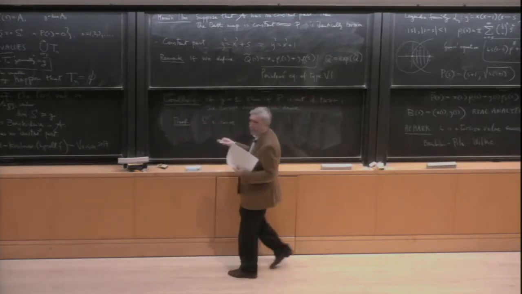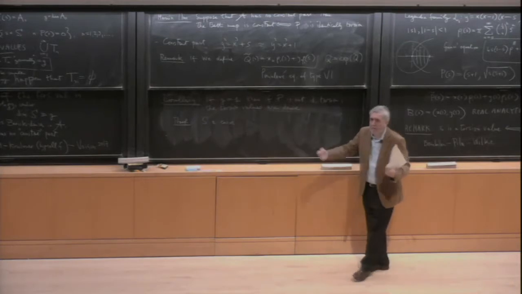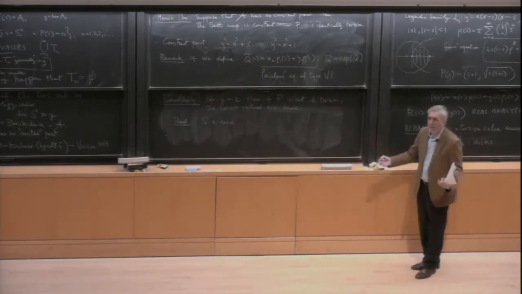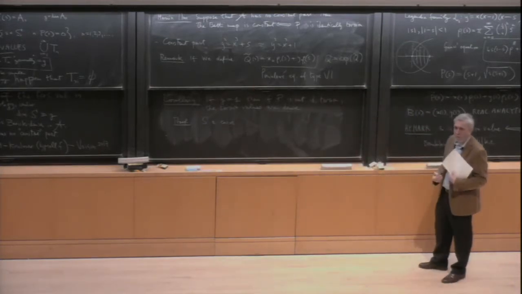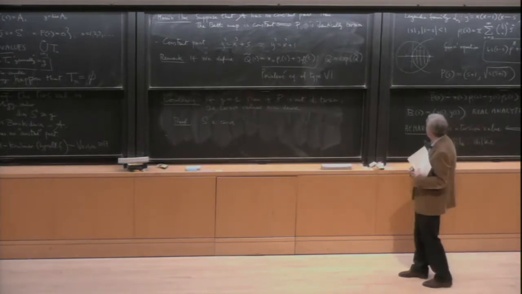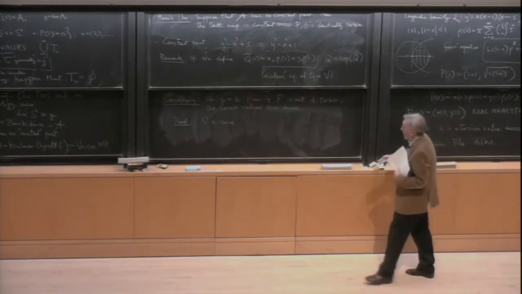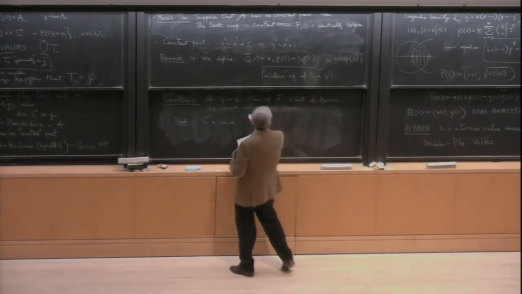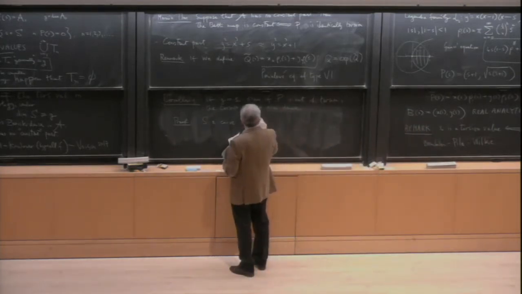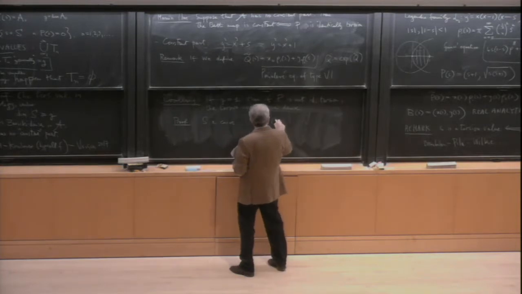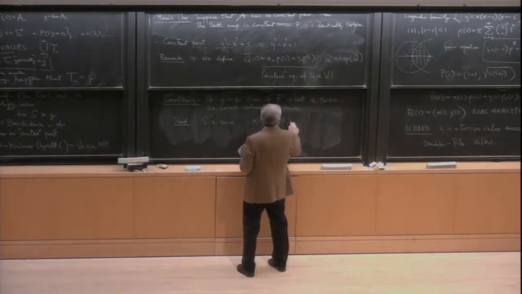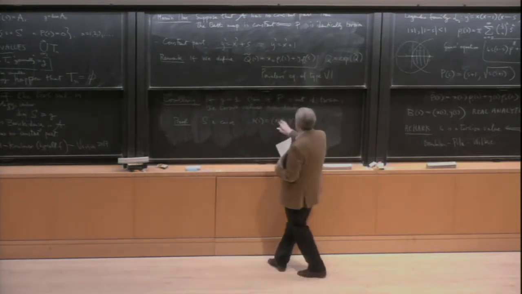This is not restrictive because we can take a general curve inside S if it has dimension greater than 1. So we have this. Now locally we have the Betti map of the section. And this is real analytic.